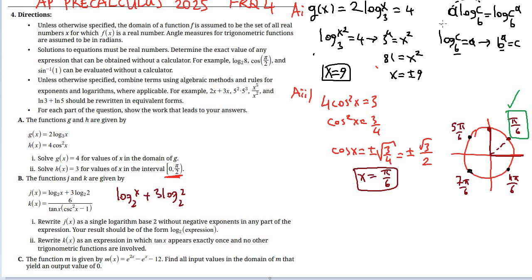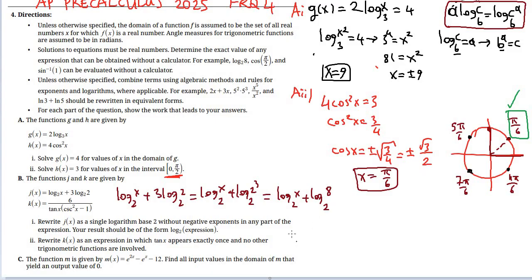Again, utilizing this property here, we can bring the coefficient as the power of the argument. So log base 2 of x plus log base 2 of 2 to the 3rd. And 2 to the 3rd is 8. Let's simplify it: log base 2 of x plus log base 2 of 8.